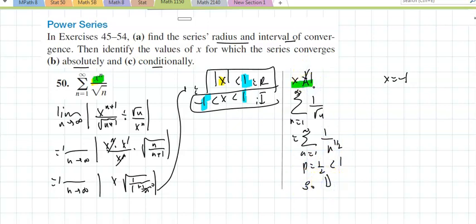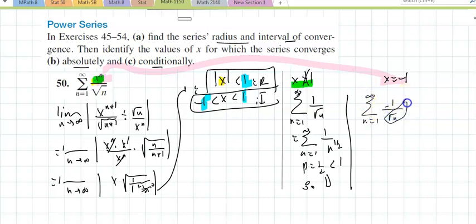If I take x and replace x by a negative 1, I'll be looking at the series n equal 1 to infinity of negative 1 over radical n. Well, that is positive. We know that. That is decreasing. We could say that because n only appears in the denominator. And if we take the limit as n approaches infinity of 1 over radical n, we get it to be 0.